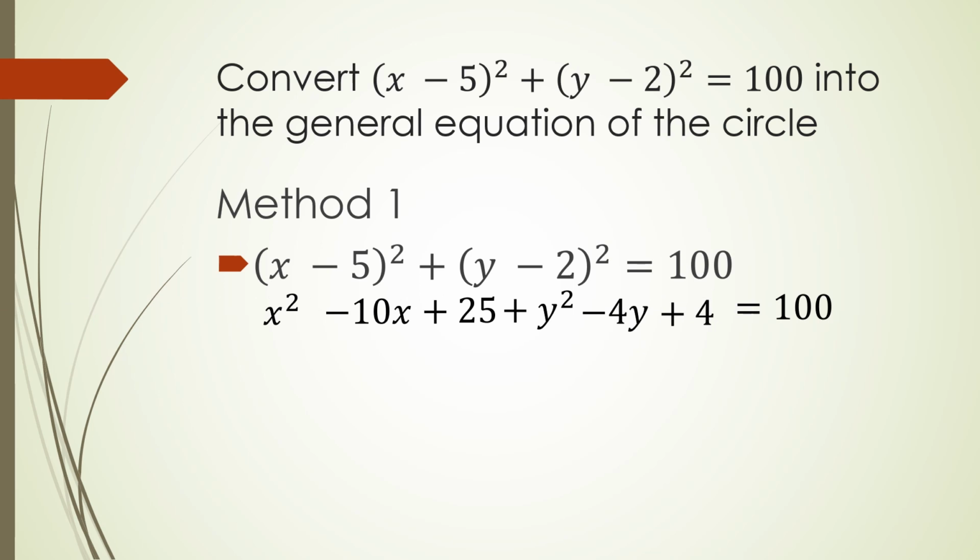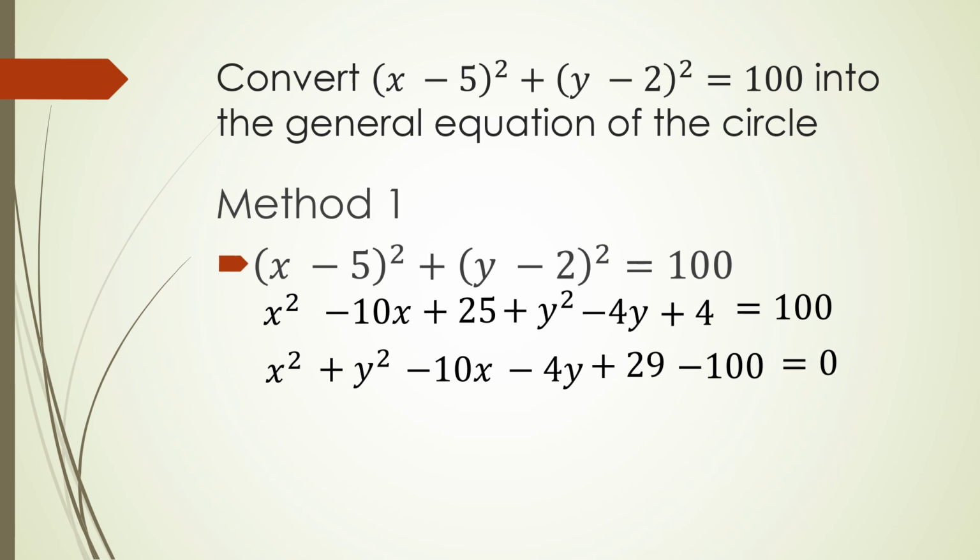And then we're going to combine 25 plus 4, and that would be 29. So we have x² + y² - 10x - 4y + 29, and then transpose 100 to the other side of the equation, and that would be negative 100, so we'll be equating it to 0.